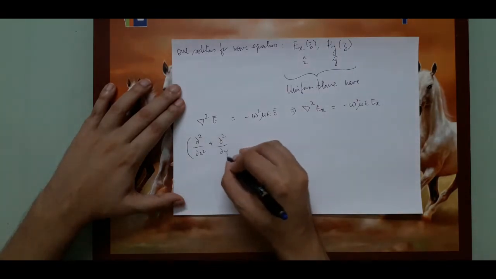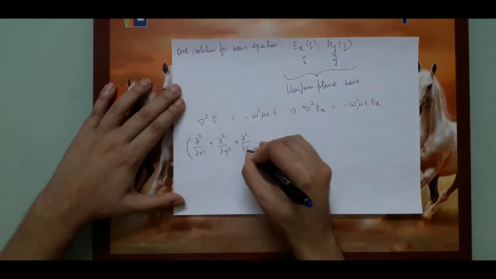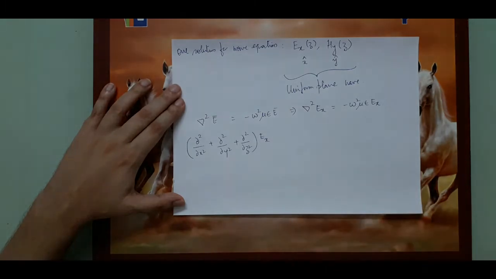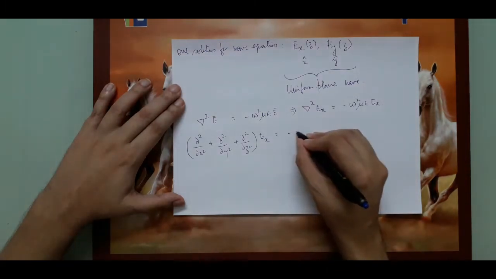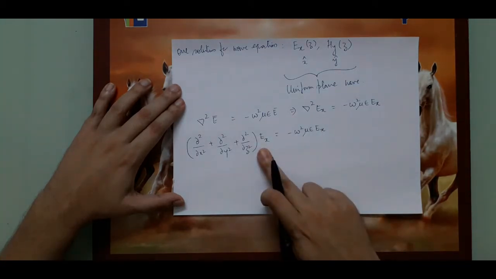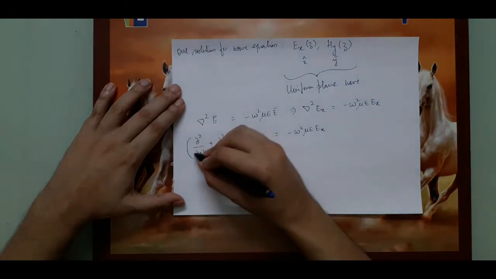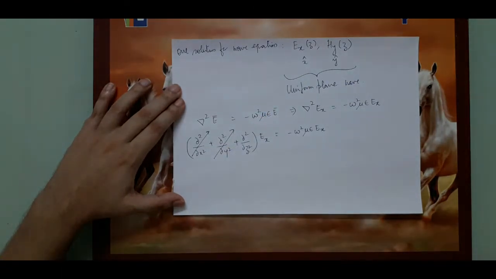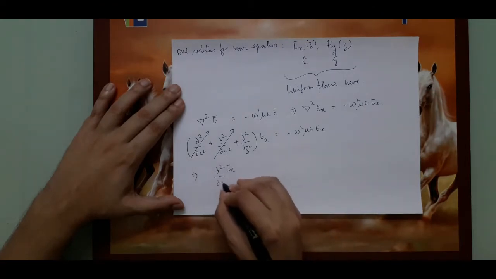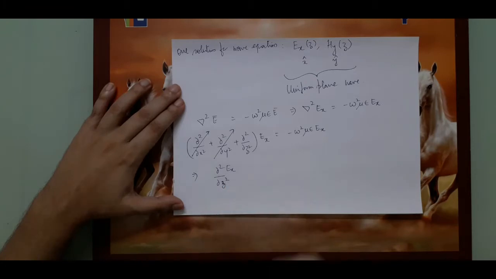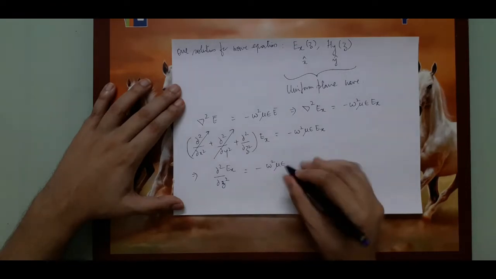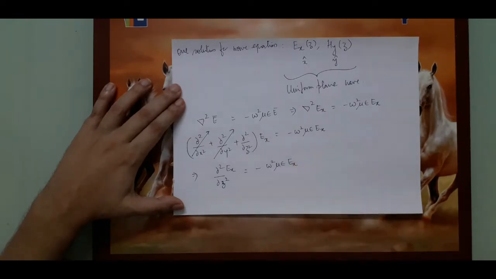So now remember, Ex is a function of z. So therefore this and this would cancel out. What we would have is d square by dz square is nothing but minus omega square mu epsilon times Ex, which is also a function of z.